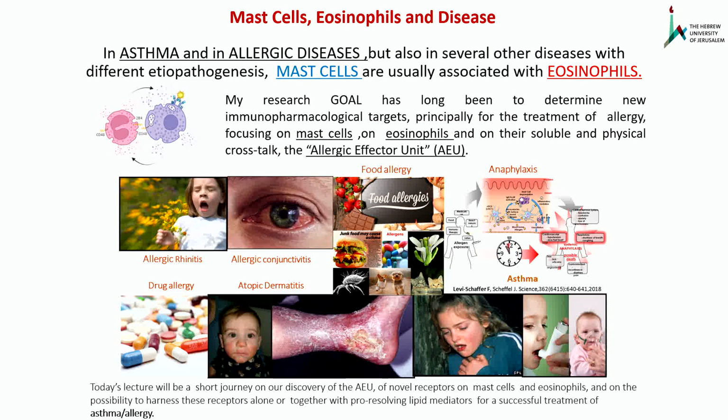What is important in this one, I think, is our observation that in asthma, but also, of course, in other allergic diseases, but also in several other diseases with different etiopathogenesis, I'll just mention one, lupus, that is absolutely an autoimmune disease, in psoriasis, in IBD, mast cells are usually associated with eosinophils, so you find them both in the inflamed tissues.